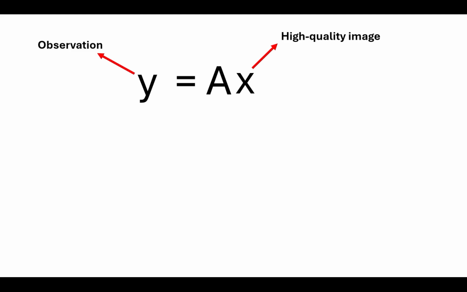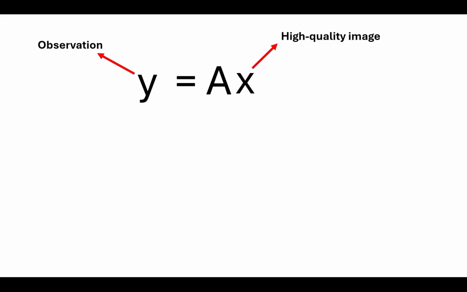In image restoration problems, we have an input image X, our high quality image, that you can imagine as a giant vector, and there is a linear degradation operator A that is multiplied by this image, and we have Y, our observation. What is given to us in reality is this vector Y, which you can imagine as a degraded image, such as a grayscale image or a low resolution image, and our goal is to recover X given this observation.